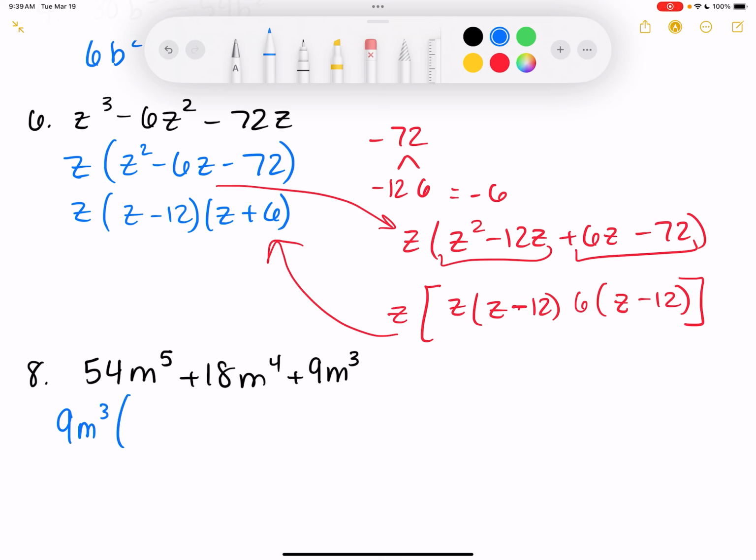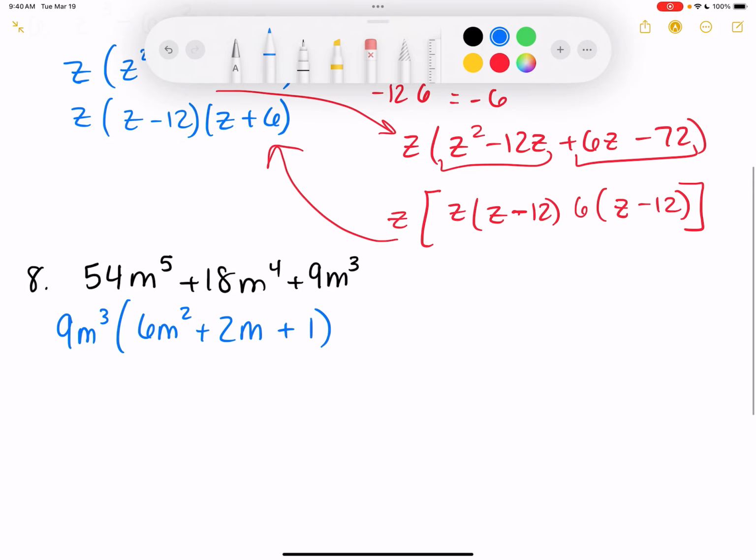That leaves me with 6m squared plus 2m plus 1. Can this be factored? I would need factors of 6 that add up to 2. There are none, because it would either be 6 and 1 or 3 and 2, and none of that combined gives you 2. So that would be as far as you can go on this one.